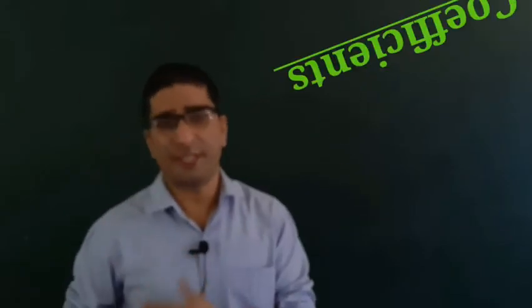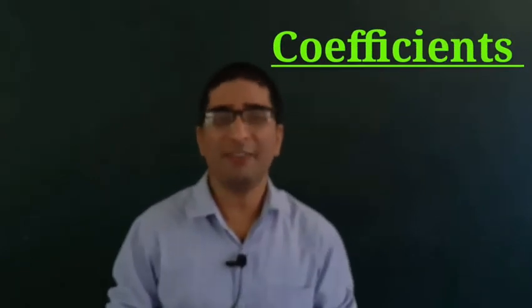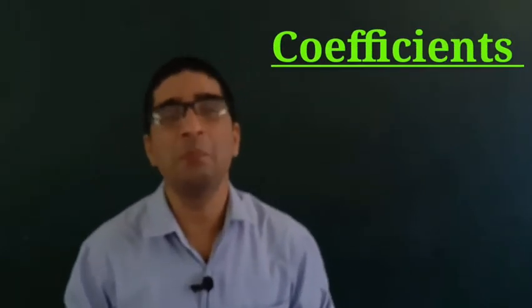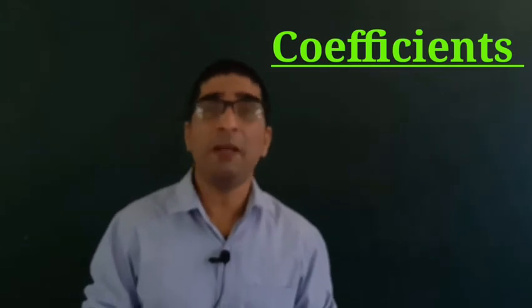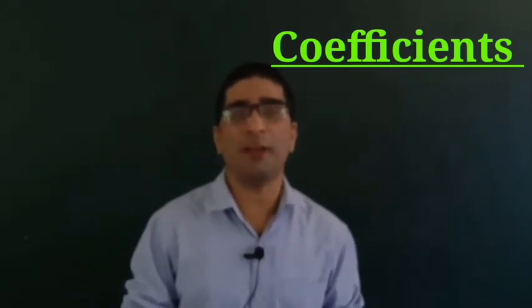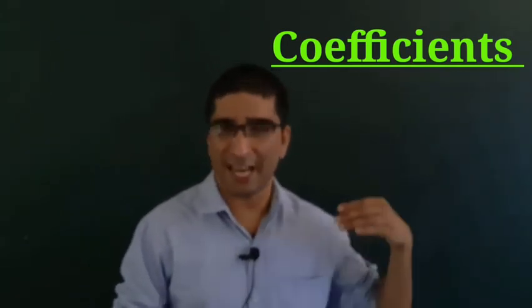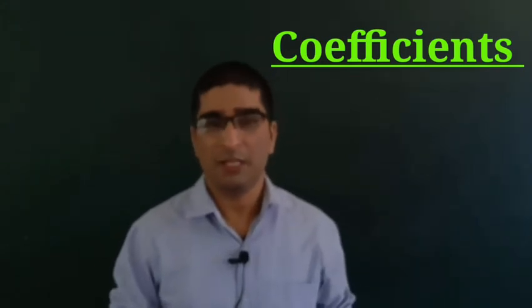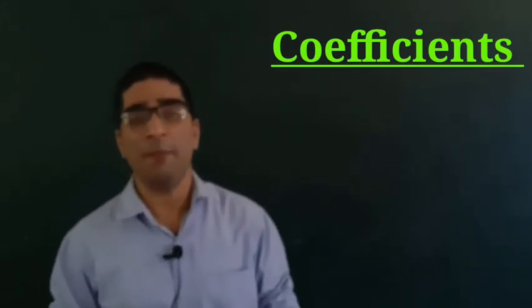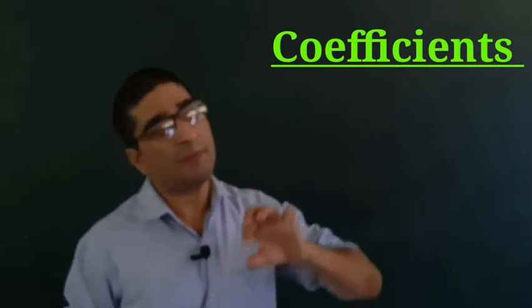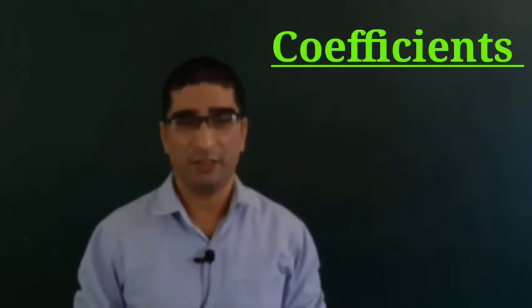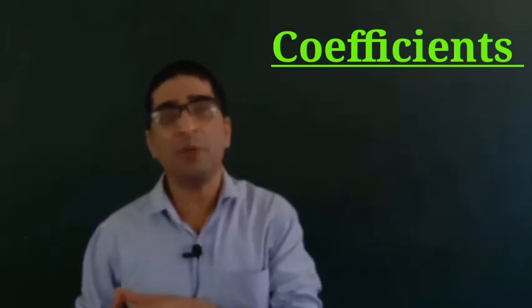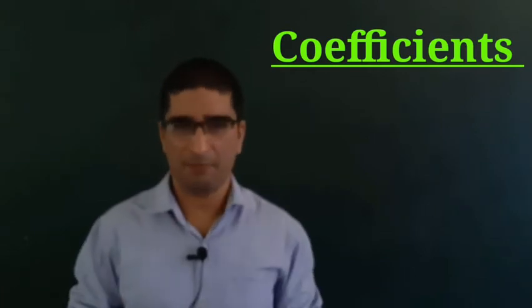Now, coefficient. Without a variable, a coefficient is meaningless. We will get a coefficient of an expression if there exists a variable. That means we will have a coefficient of a particular variable only. Coefficient cannot be an independent term.